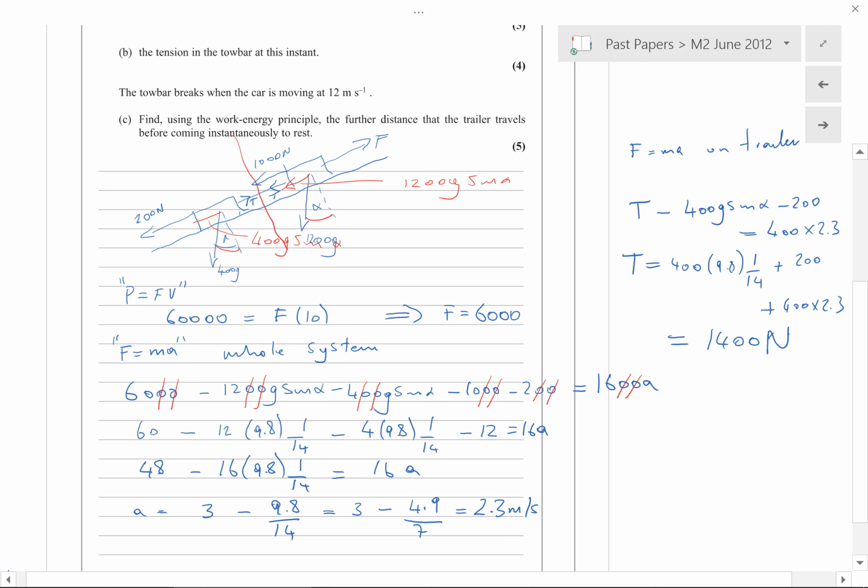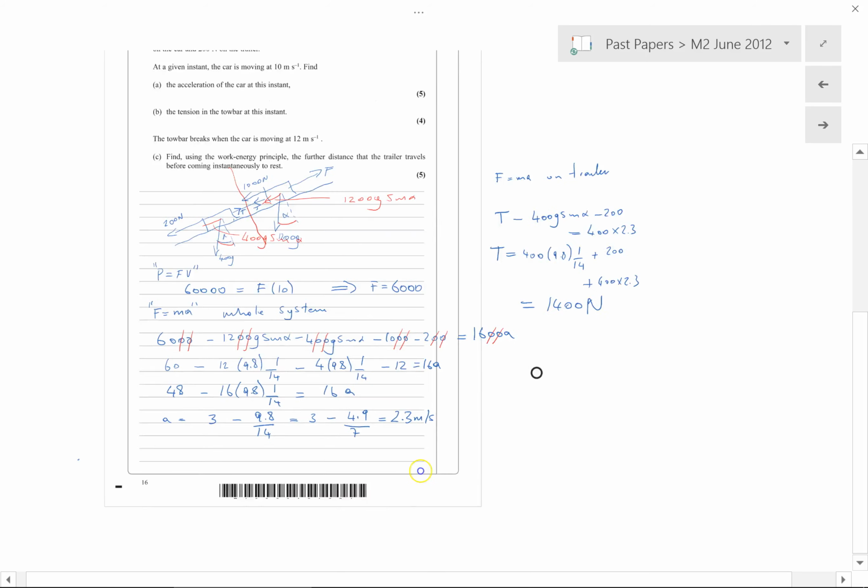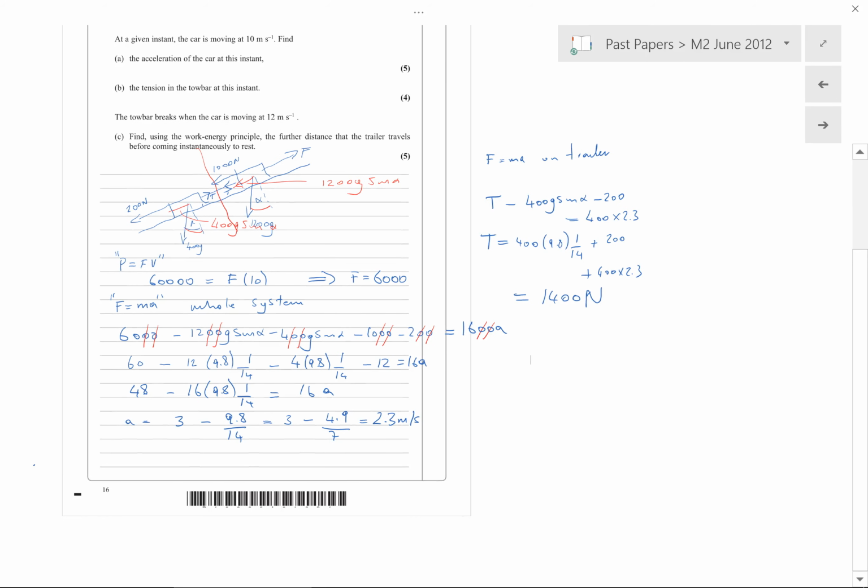Okay, so that's the power part of the question done. It then talks about the tow bar braking when it's at 12 meters per second, and it's a pretty standard work energy question now. So we've got something that starts off at 12 meters per second and then comes to rest at some distance up the slope.